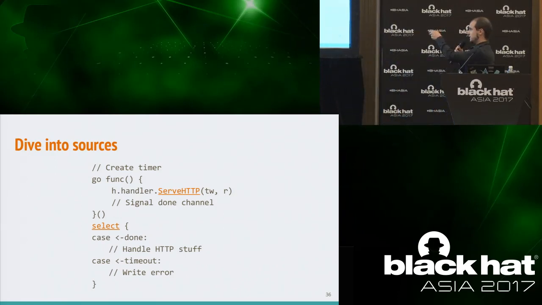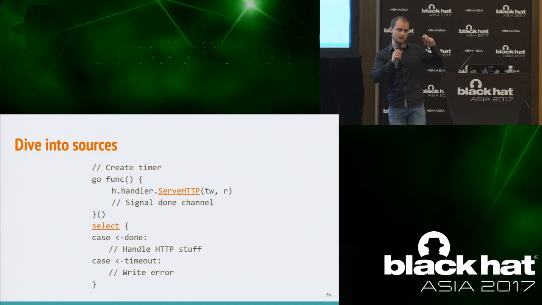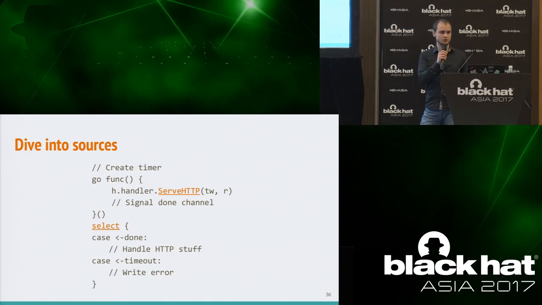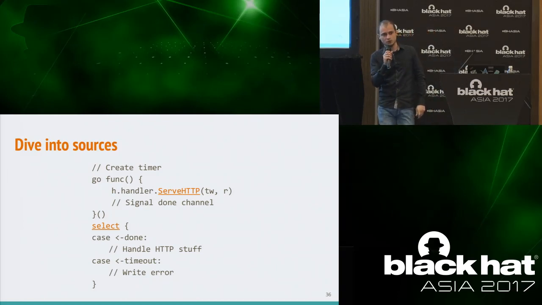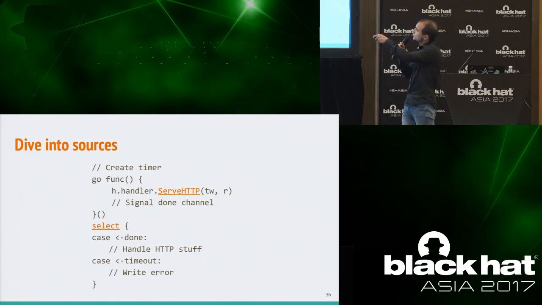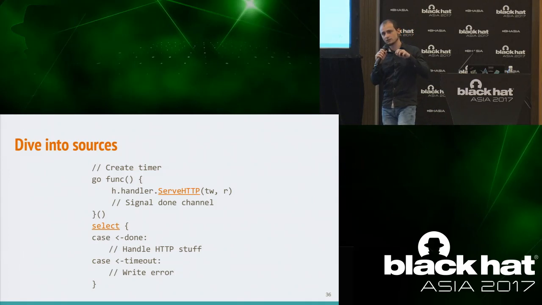So this is stripped from the original sources. It's just a piece of the original standard library. They are using a Goroutine to serve your HTTP server, and they are setting up a timer to write into a channel after a certain amount of time has passed.